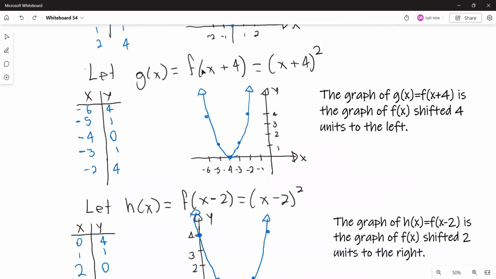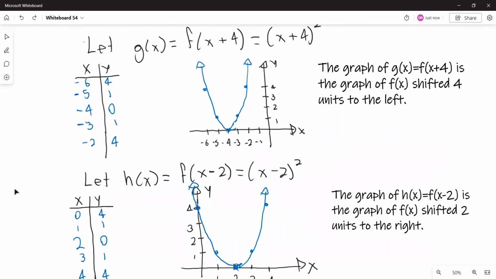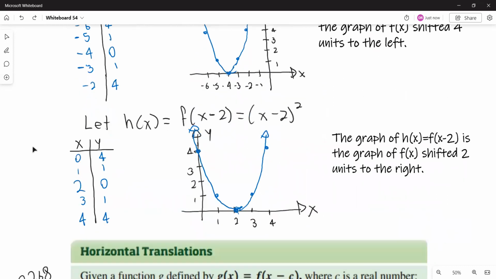We have something like f of x plus 4, so we have plus, and the graph is going to shift 4 units to the left. So be careful with that. If you add a number to x, it's going to be a shift to the left. And if you subtract a number from x, the graph is going to shift to the right.